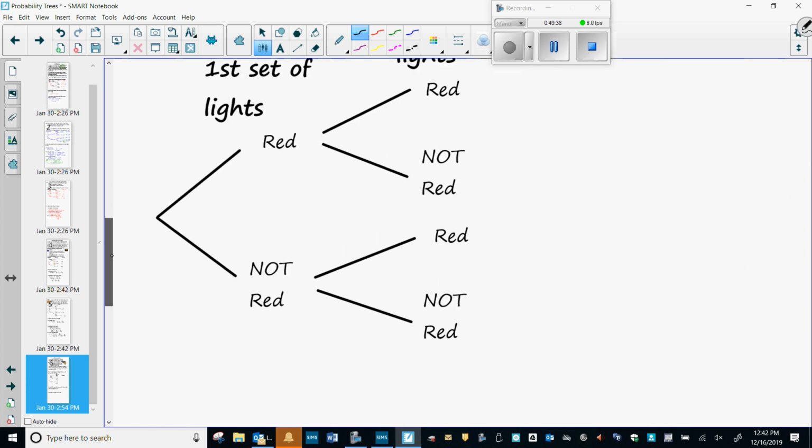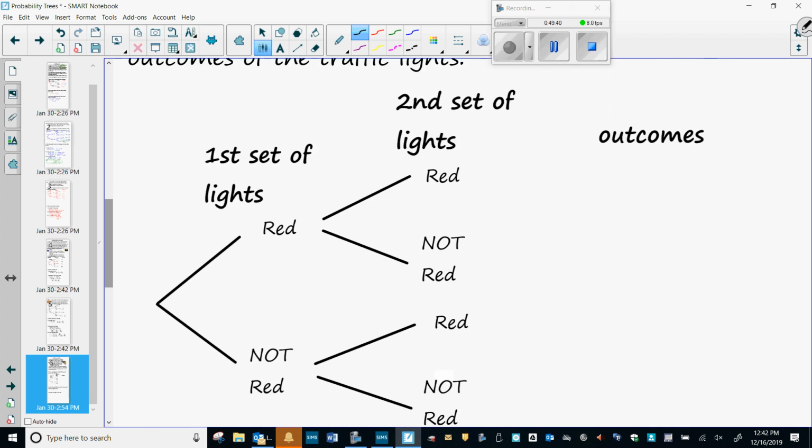Let's try and get it done. So red, what's the probability if the first set was on red? 0.6. So that means not red would be 0.4. Now we're talking about the second set. If they were red, what did the probability become? This is 0.9, and this one would be 0.1. Now, there was some other information.